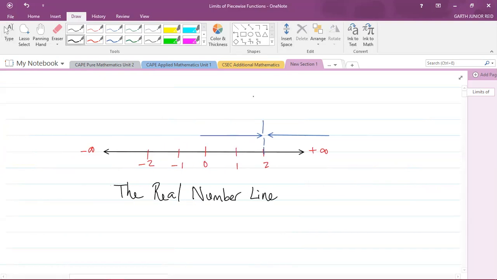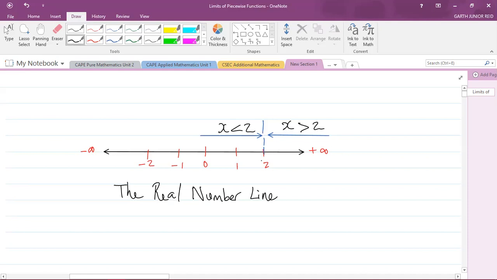If I'm approaching 2 from the left-hand side, it means that I'm focusing on the values of x that are less than 2. And if I'm approaching from the right-hand side, it means that I am focusing on the values of x greater than 2. I hope that is clear.